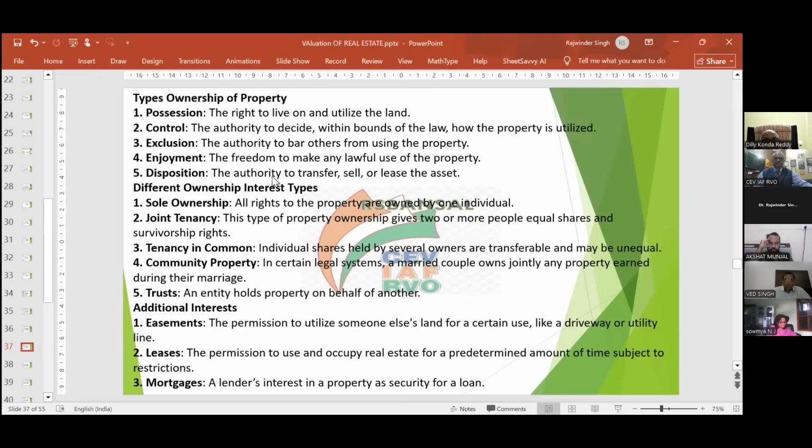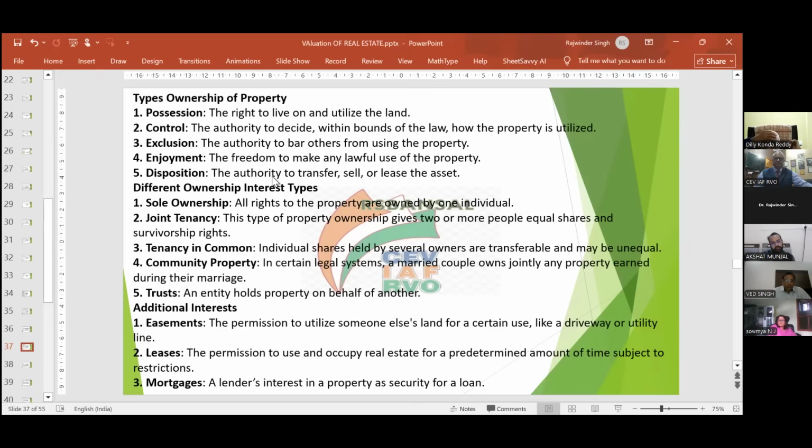Easement. Easement means you are not the owner of the property, but you have the authority to use it for a certain purpose. It means the permission to utilize someone else's land for certain use, like a driveway or utility line. We will discuss it in the real estate laws when we study what is easement, but as of now, you must understand it is a type of right.